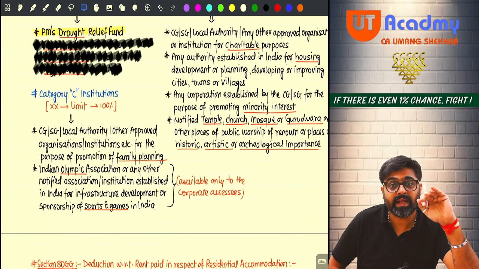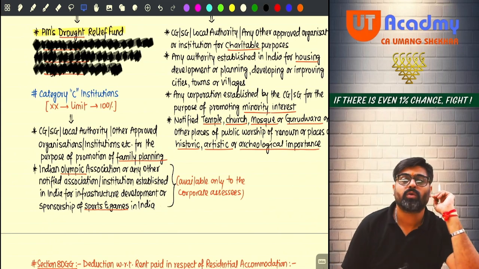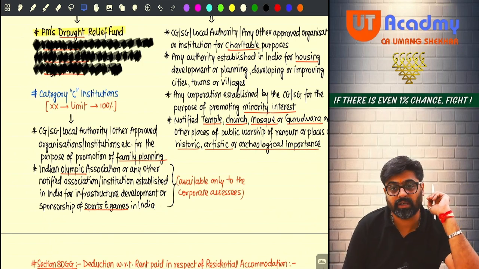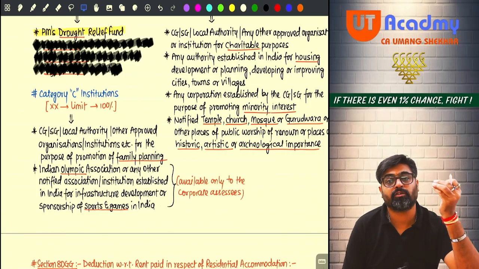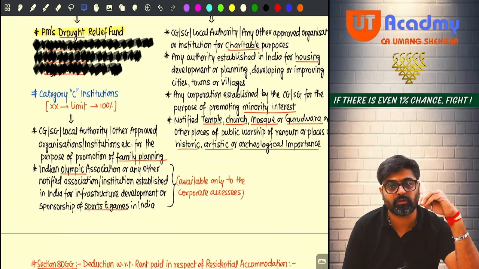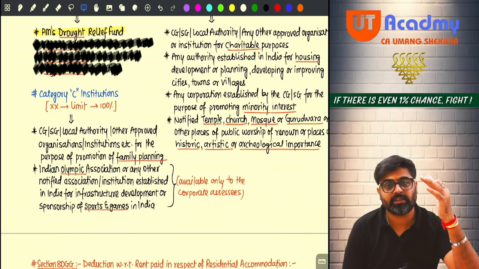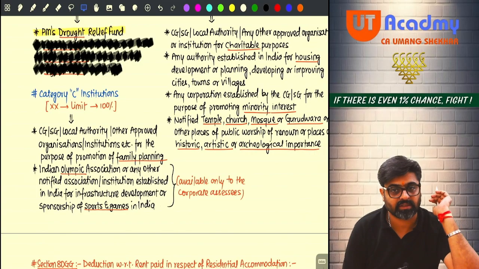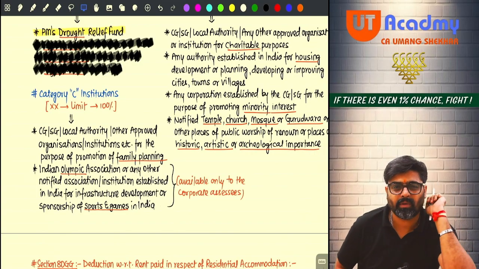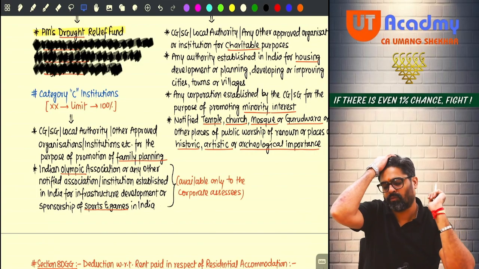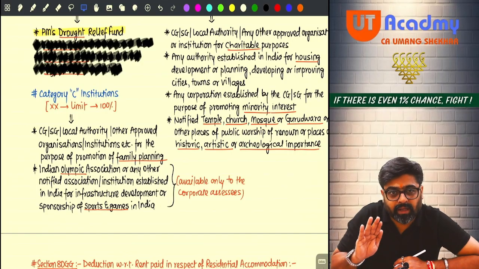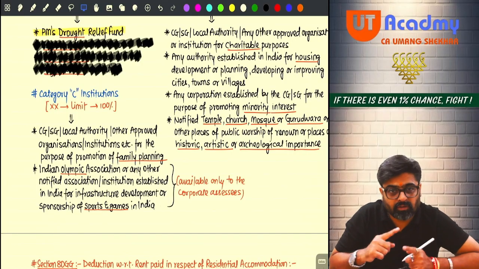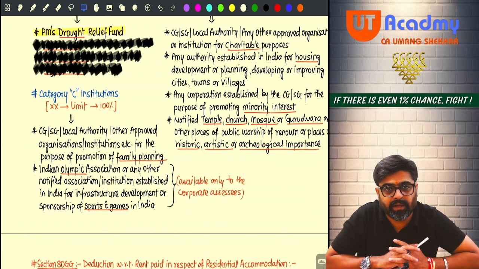Yes or no? Then you can donate your money to the Indian Olympic Association, or you can donate your money to national sports bodies, meaning those sports bodies whose work is to develop the sports infrastructure in India. Like, have you heard about the Indian Football Association, IFA? That is a national sports body whose work is to develop the sports infrastructure for football in India.